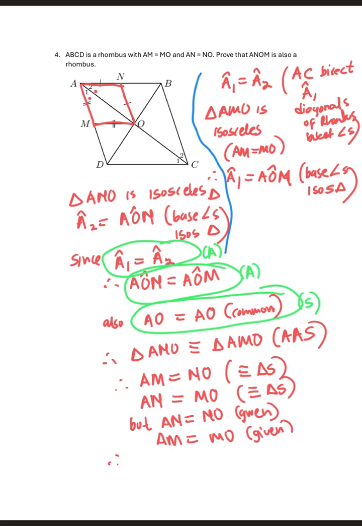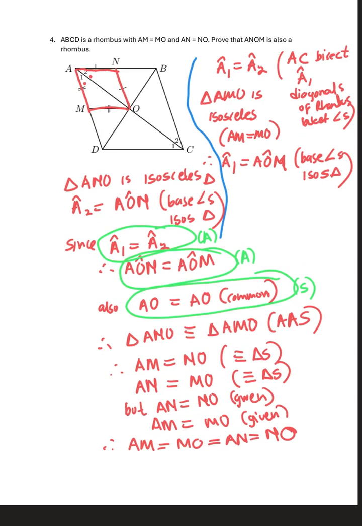Therefore, AM is equal to MO is equal to AN is equal to NO. So all the sides are equal, right? Once we have reached this stage, we can conclude that it is indeed a rhombus.